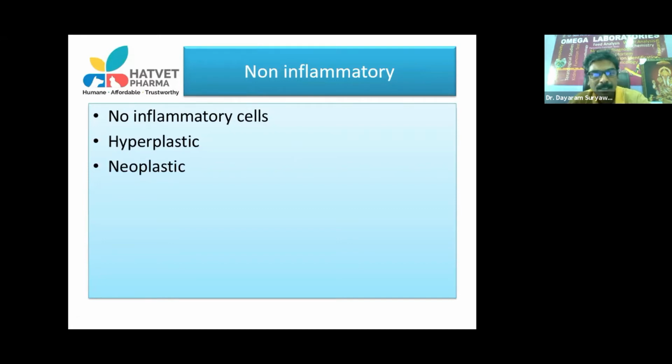So many factors are responsible for hyperplasia. Generally at the deeper portion of such lesions, there is an absence of inflammatory reaction, but it's not a watertight compartment. Some tumors may not show inflammation, but they are highly proliferative. So there is a combination of many things together.